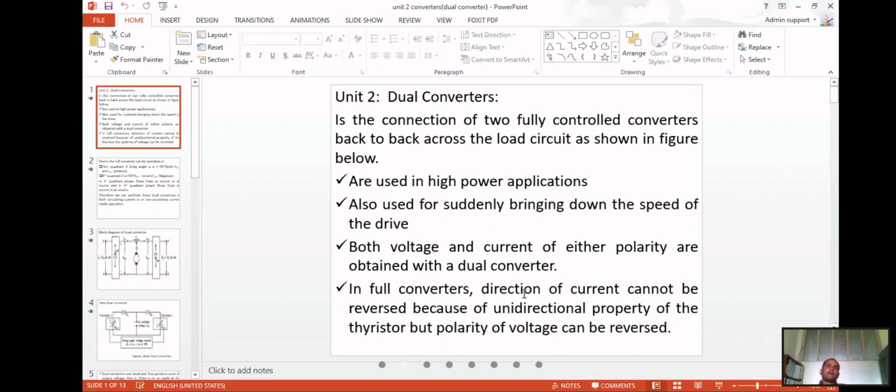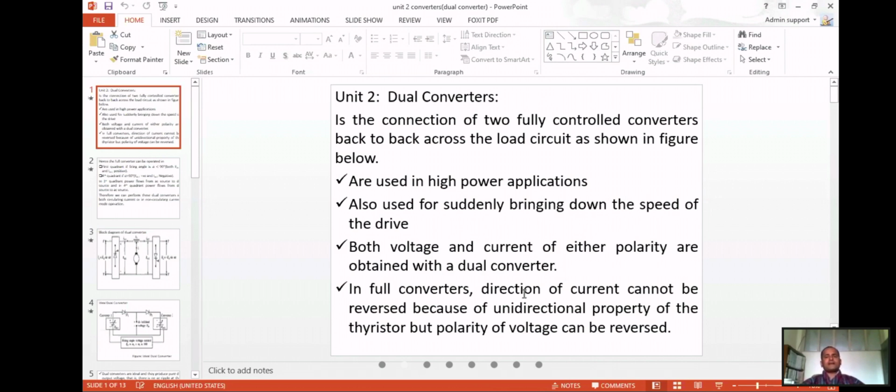Suppose you want to suddenly brake the system, or stop the system, then you have to use this type of converter, the dual converter, which helps to bring down the speed of a drive. Both voltage and current of either polarity are obtained with the dual converter.